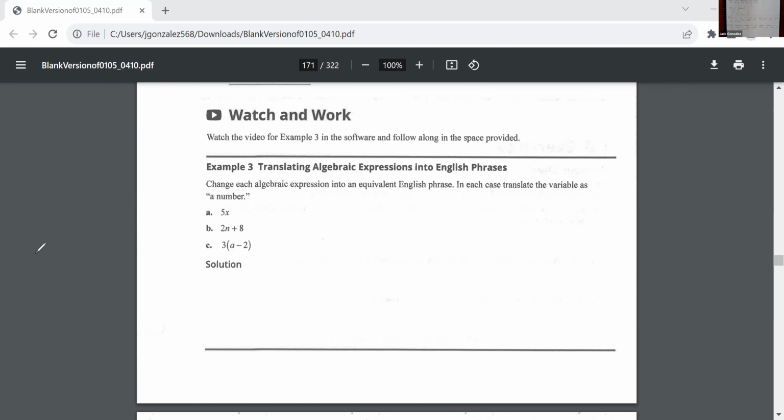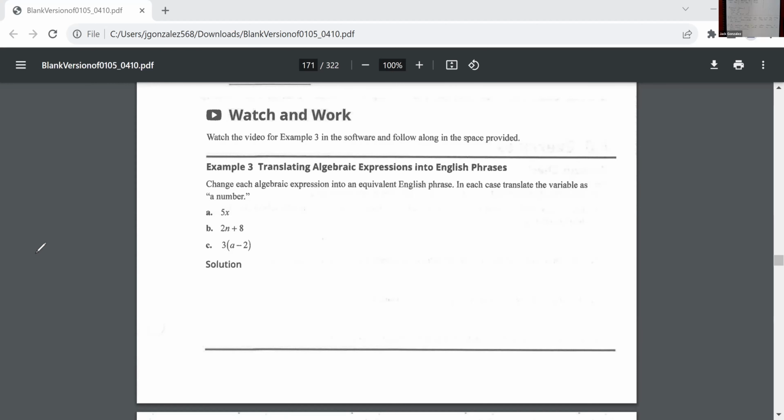It would be x plus x plus x plus x plus x. But if you just look at it, it's 5 times x, right? There's 5 of them. That means it's a product or times problem. So how do you write it in plain English?